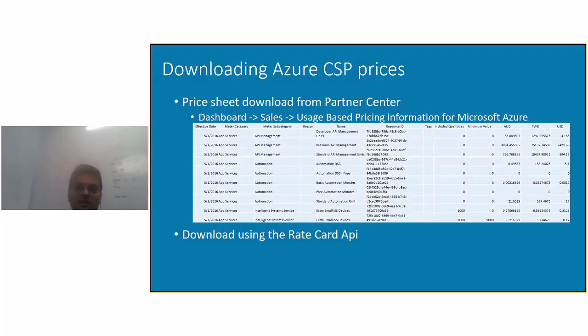What that means is that if the consumption was 2,000, the first 1,000 is not billed and the rest of it is billed. So you go back to the formula, which is usage times pricing. You need to subtract included quantities from the usage, get the billable amount, and then price it. And of course, it's up to you whether you pass on the included quantities to your customer or not. That's your choice. But from an Azure point of view, we're saying that you get some amount of included quantities along with the usage. So that's the first part of the nuance here.